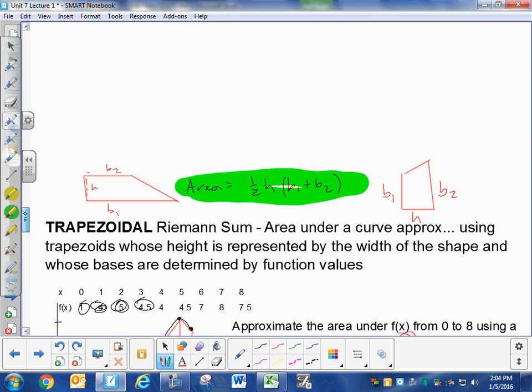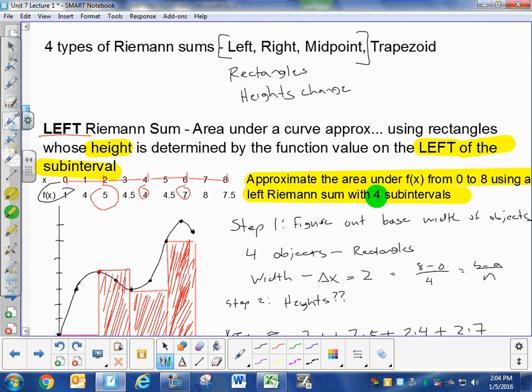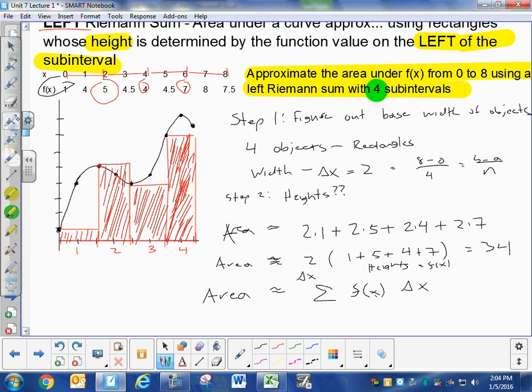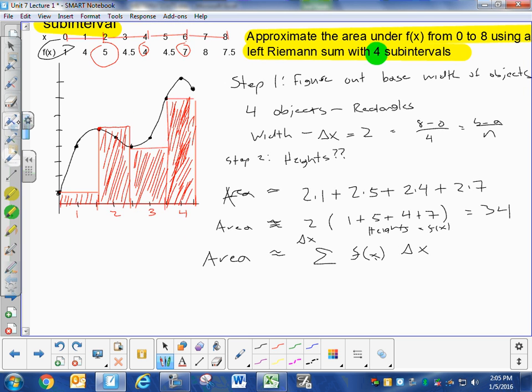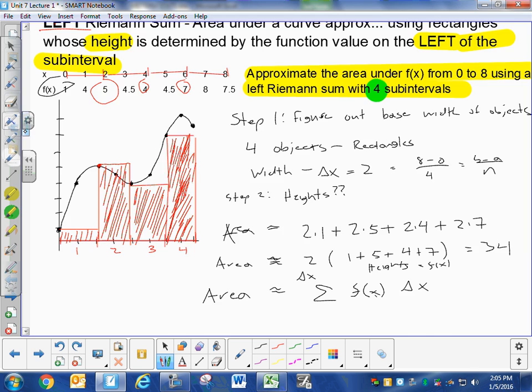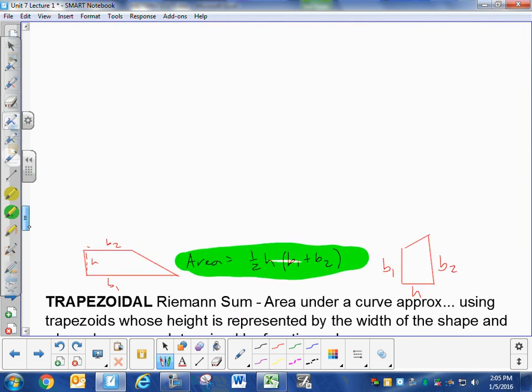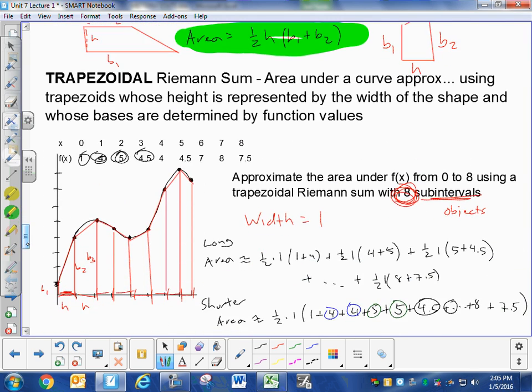Okay? And it deals with one condition. Like, what can I do to the left Riemann sum to make it closer to the actual area, and closer to what the trapezoid is going to give me? What's the condition that will make that left Riemann sum better? Exactly. Increase the amount of objects that I'm using.